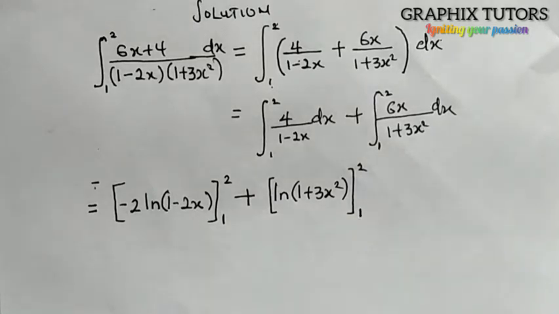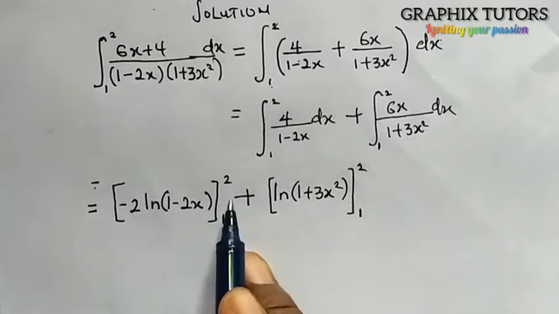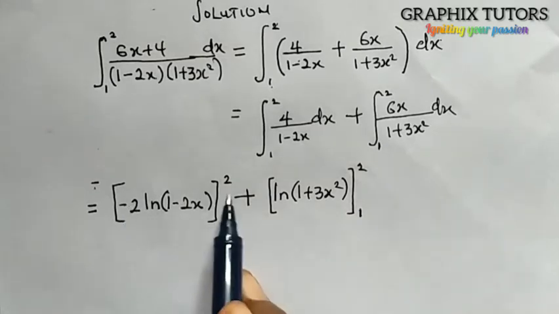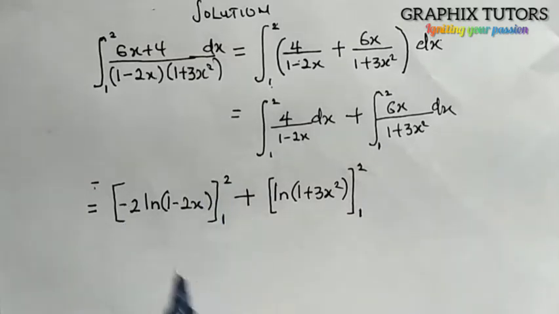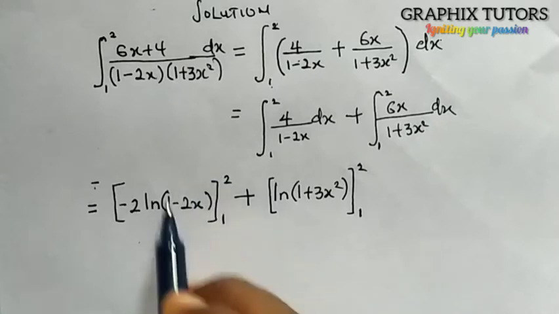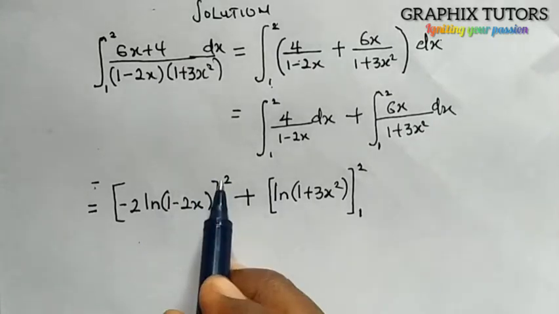So this is what we're having. If I do it the same way I did this, I am going to have this. Now from here, we want to apply the limits. Recall, the first one I'll write, wherever I see x I'll put 2.